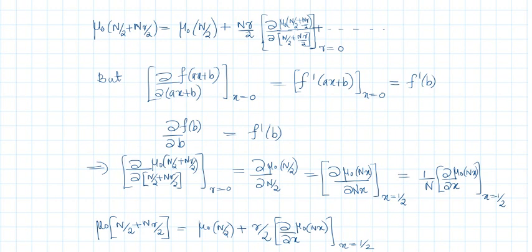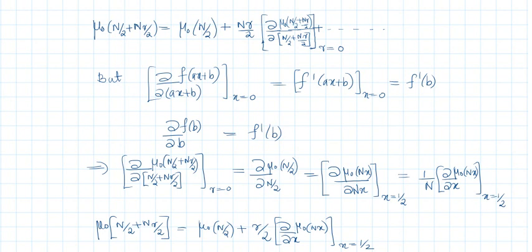But see this expression, dou by dou of (ax plus b) of f of ax plus b. If you have some function of ax plus b, then if you take the derivative and put x equal to 0, what is the value? F prime of ax plus b at x equal to 0 is simply f prime of b. And you can get the same value by taking dou by dou b of f of b. It is again f prime b.